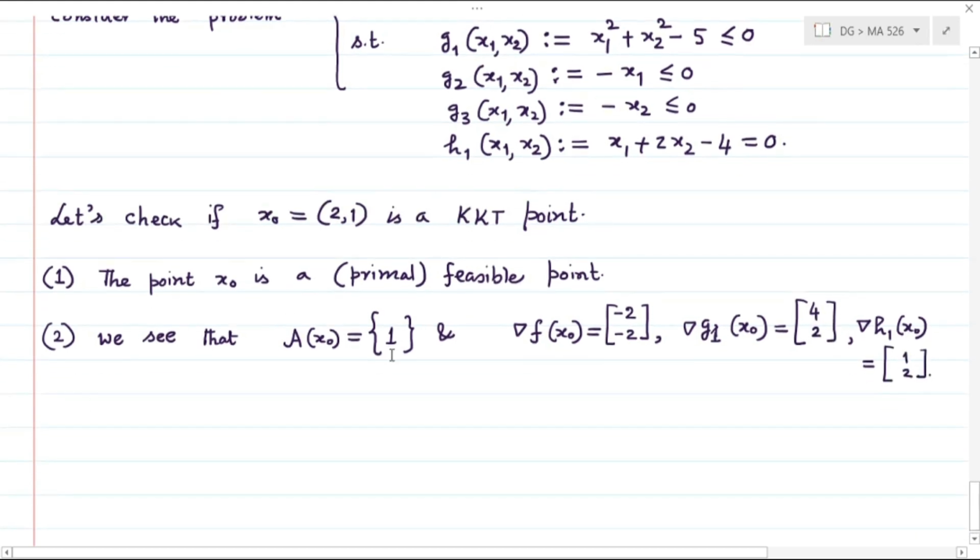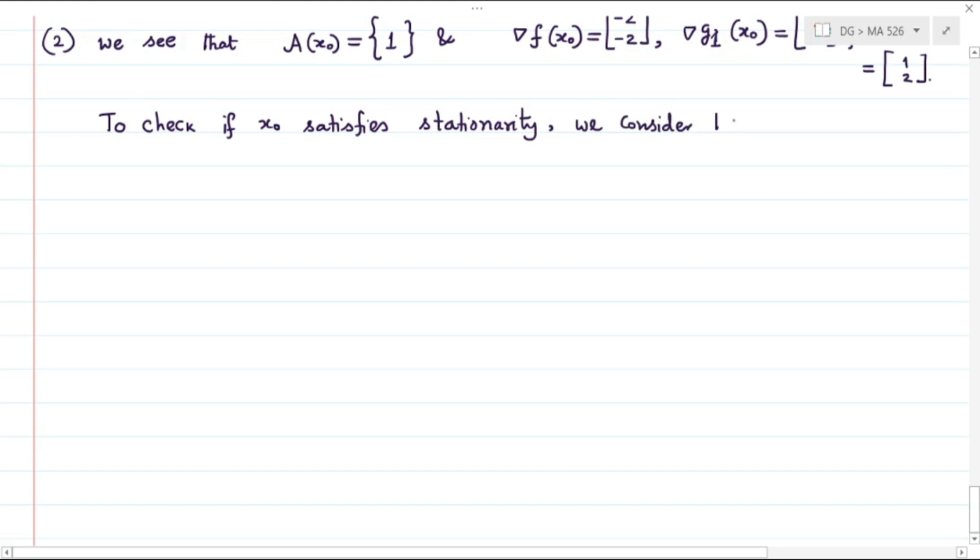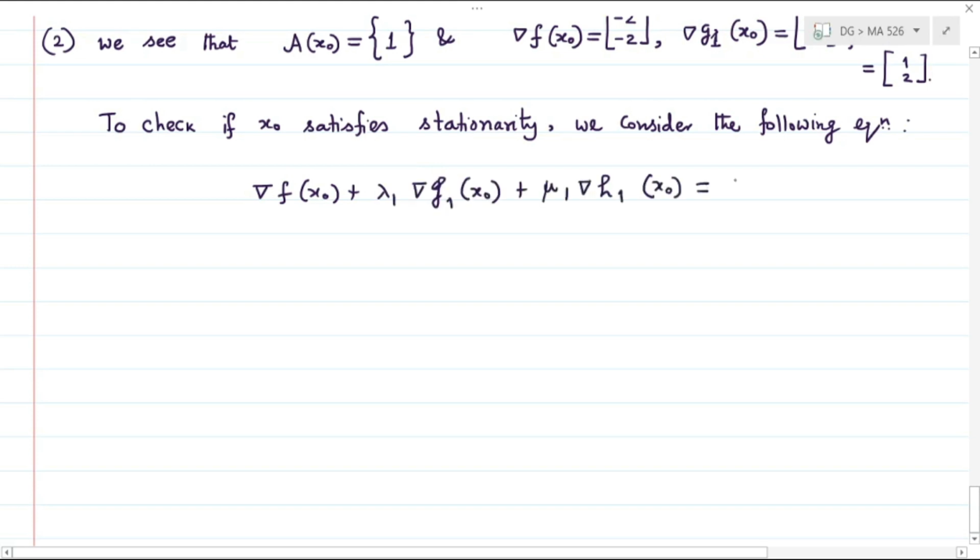Now for checking stationarity, we consider the following equation to check if x0 satisfies stationarity: grad f(x0) plus lambda 1 grad g1(x0) plus mu 1 grad h1(x0) is equal to 0.